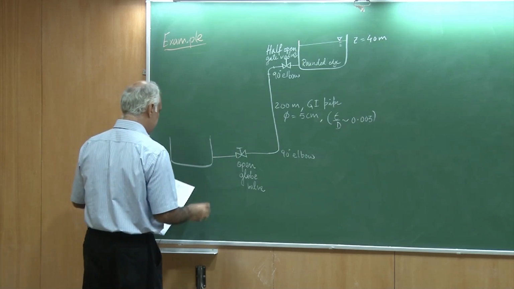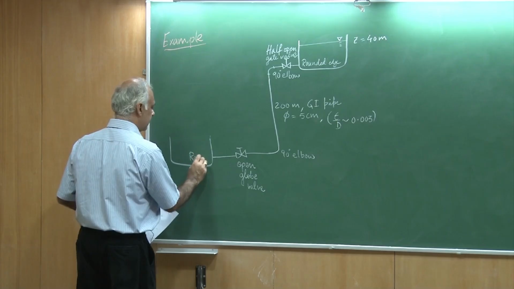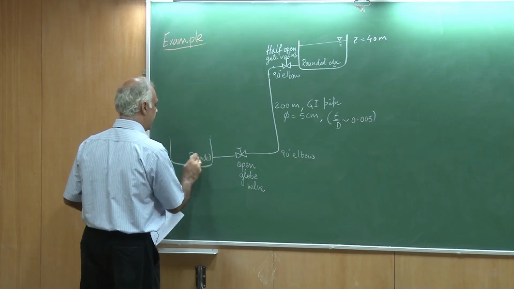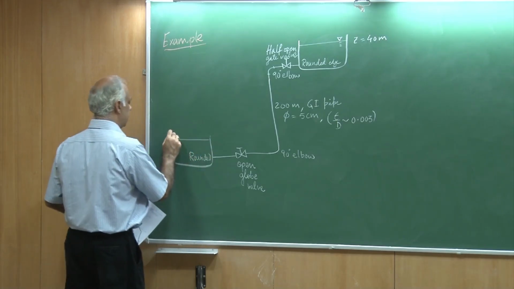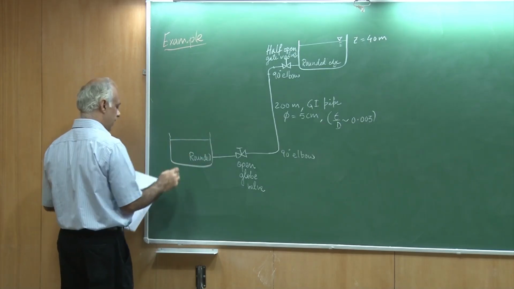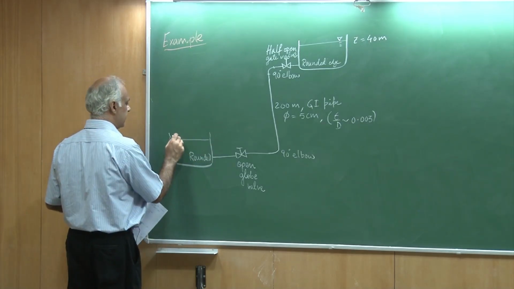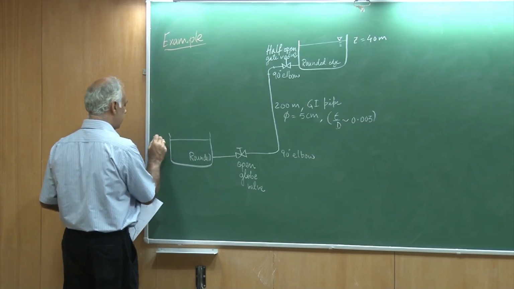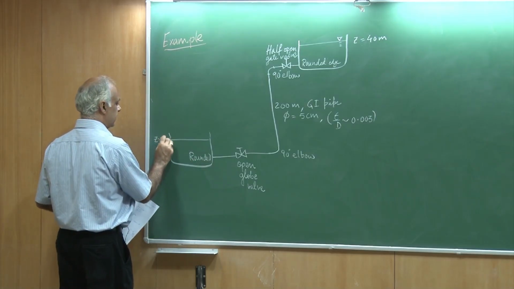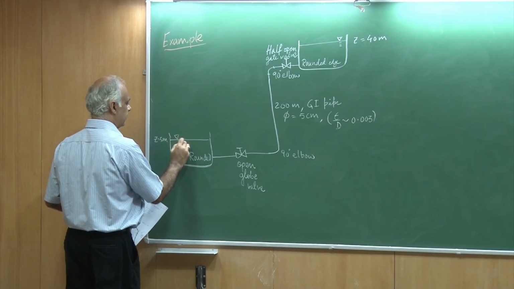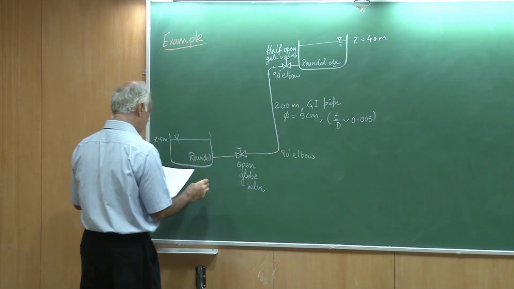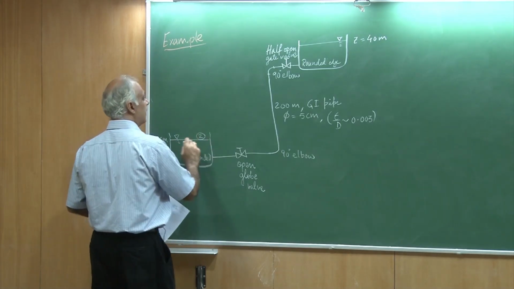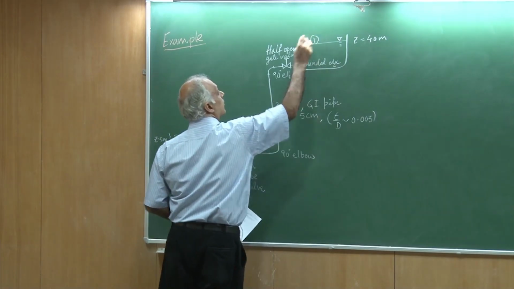Okay. And this is again a rounded edge, and in this tank the height of the water surface is z equal to 5 meter. So, let me call this as 2 and let me call this as 1.